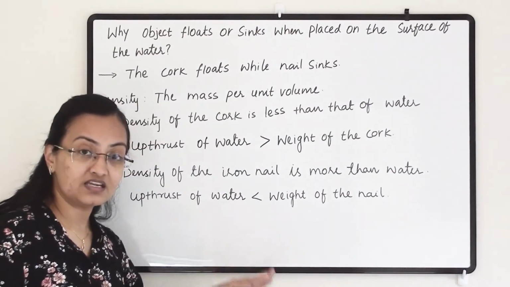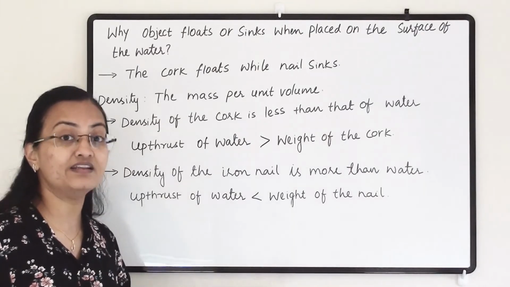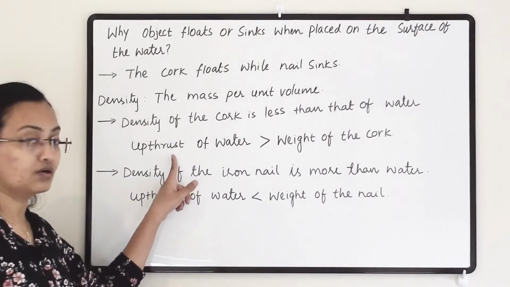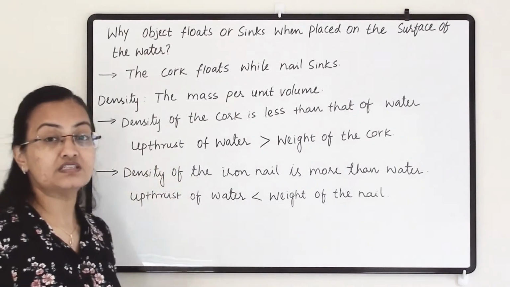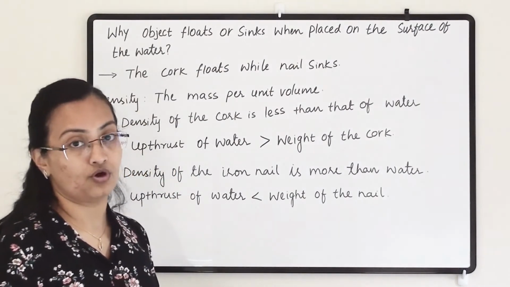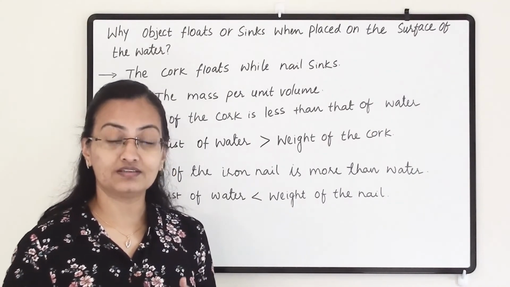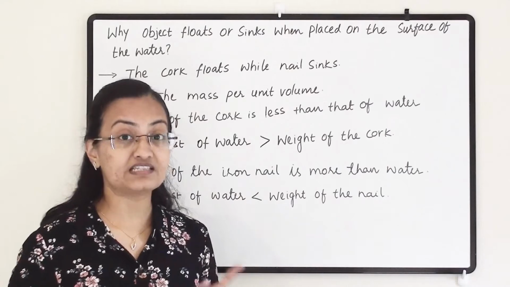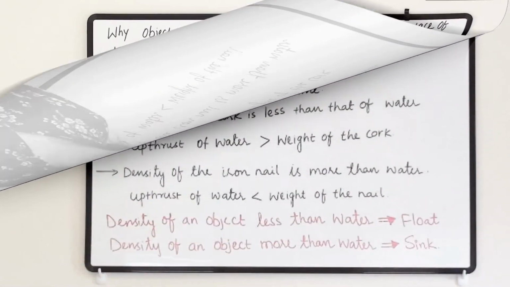So that's why it will remain at the bottom of the container and it will sink, whereas the cork will float on the surface of the water. It always depends upon the density of the object. If the density of the object is more compared to water, then it will sink. And if it is less than that of the water, then it will float on the surface.